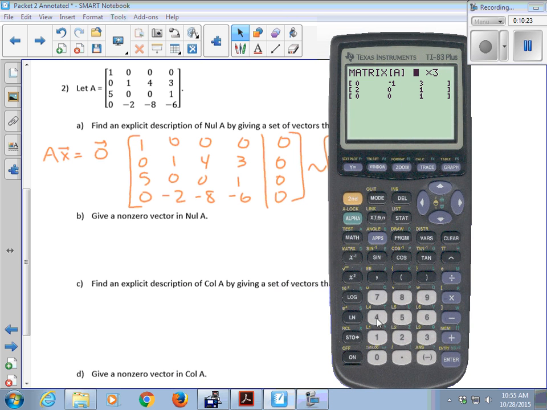Okay, this is 4 rows, 5 columns. 1, 0, 0, 0, 0, 0, 0, 1, 4, 3, 0, 5, 0, 0, 1, 0, and 0, negative 2, negative 8, negative 6, 0.